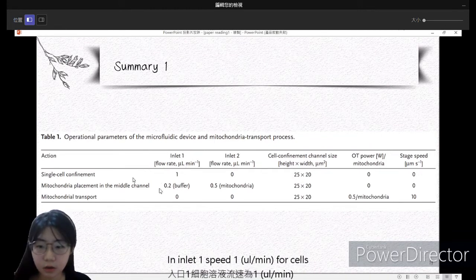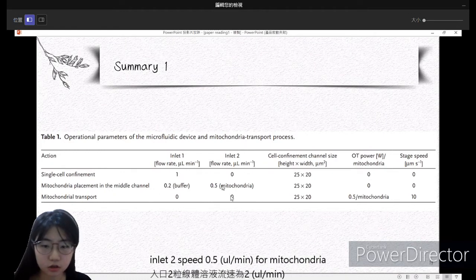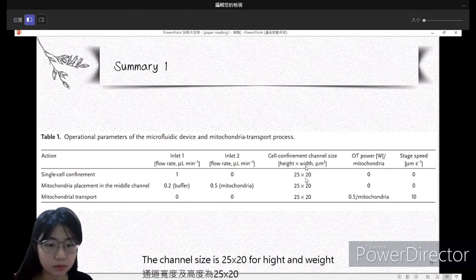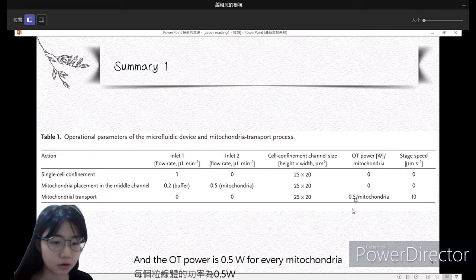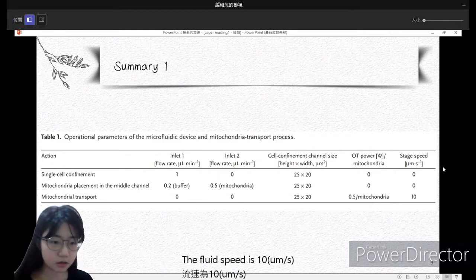In that one, they put 1 for cells, and in that 2, 0.5 for mitochondria. The channel size is 25 cross 20 for the height and width. And the optical tweezer power is 0.5 for every mitochondria. And the fluid speed is 10 over here.